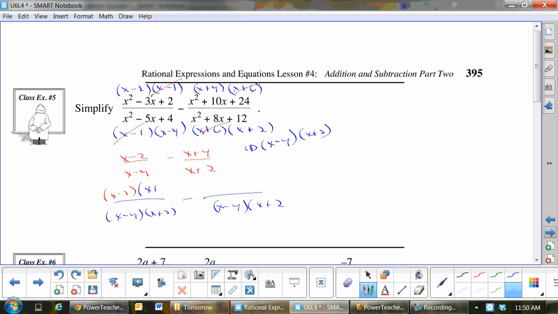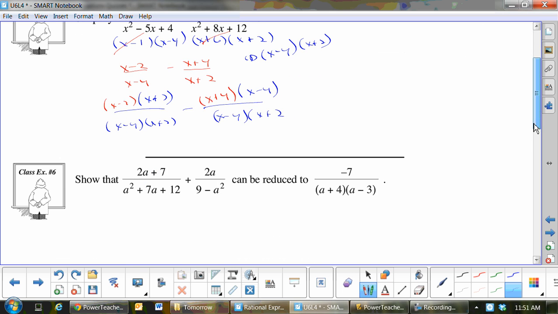Multiply by x plus 2. Okay, what do I have to do with x plus 4? Got to multiply by x minus 4.